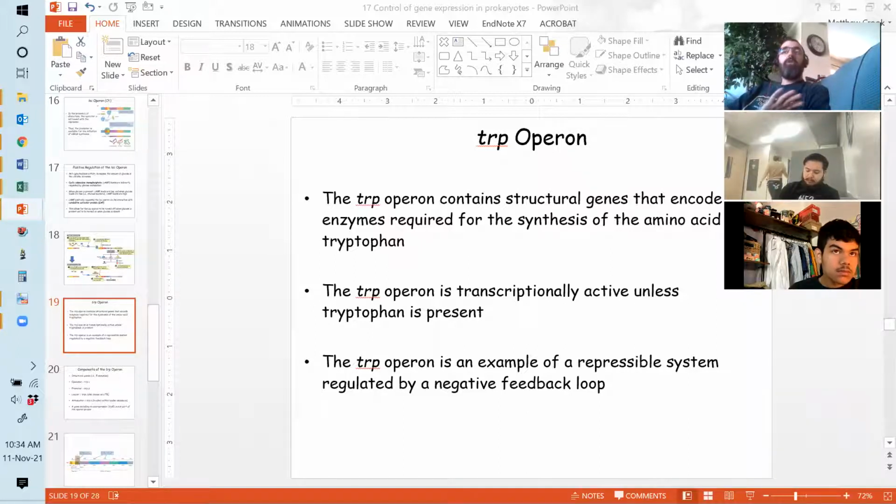So now we have a complete opposite context to the lac operon. This is something that we need on all the time, but we need to be able to turn it off when we don't need it. And so this is not an inducible system. This is a repressible system.